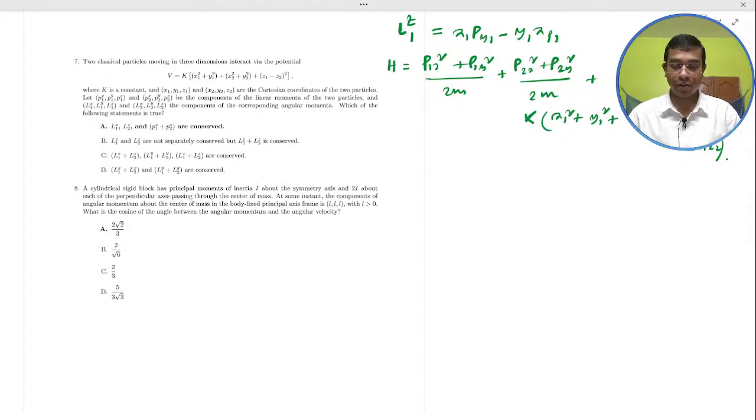Now commutation of L1z with Hamiltonian.